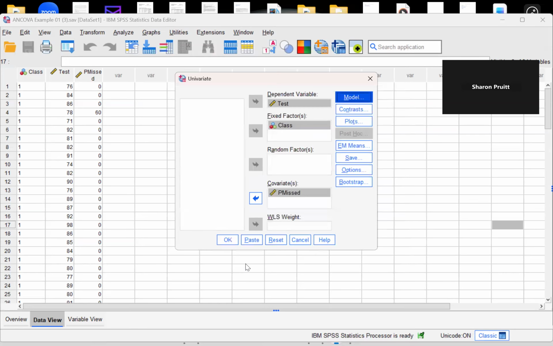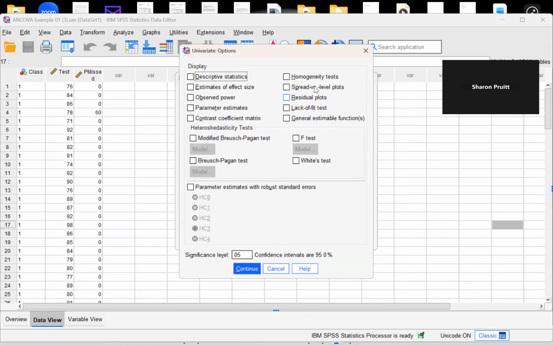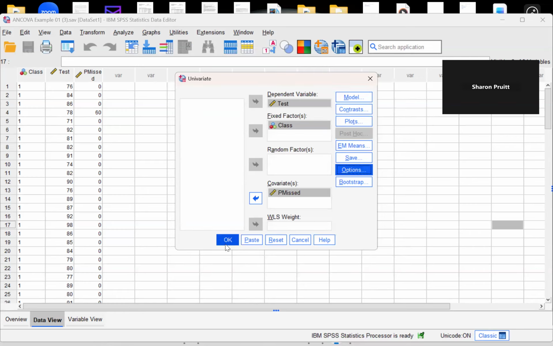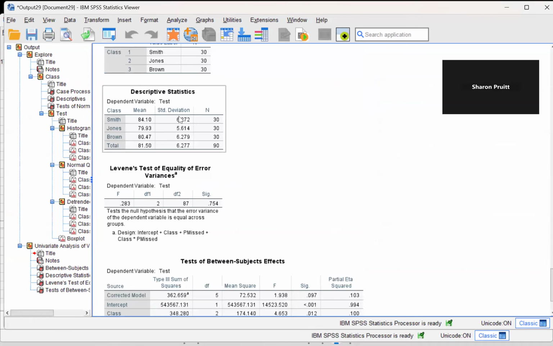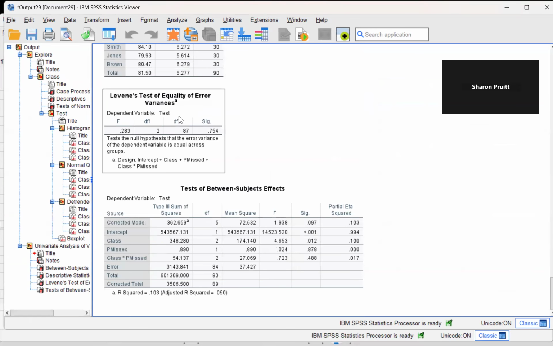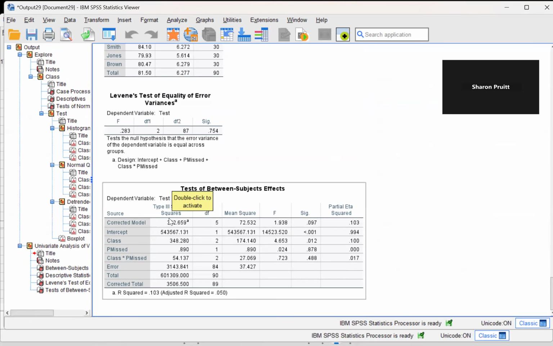I click Continue. Then I want to gather the homogeneity test and the estimates of effect size, as well as descriptive statistics. Click Continue, okay, and I get my results. This homogeneity of regression slopes assumption was evaluated by examining the interaction between class and periods missed.